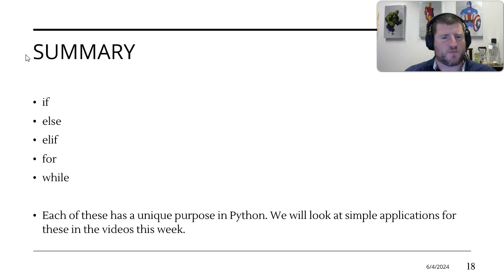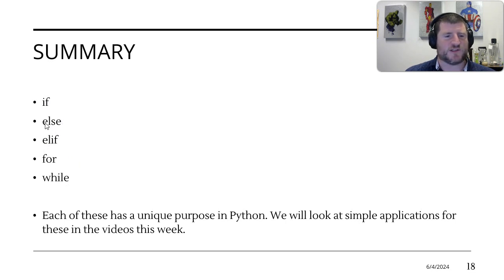But as a summary, we talked about these different conditions and loops. If, else, and elif are standard keywords that Python has access to. If has a very specific structure: if, condition, event. Else has a specific structure: else, event.